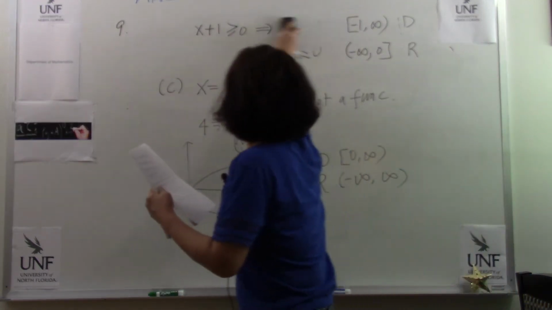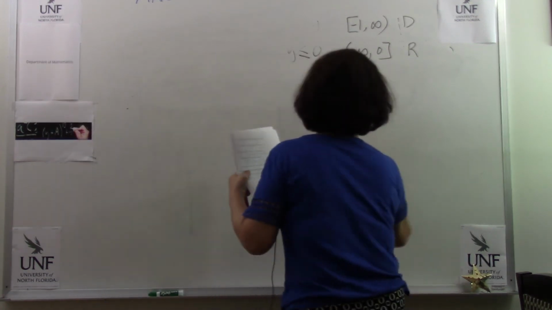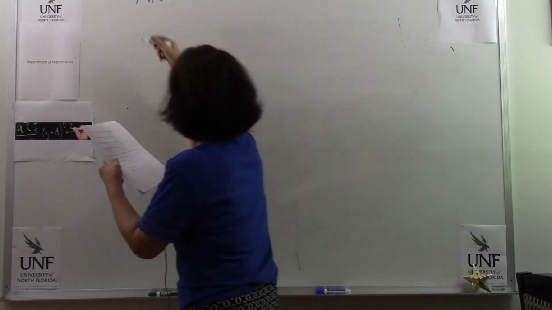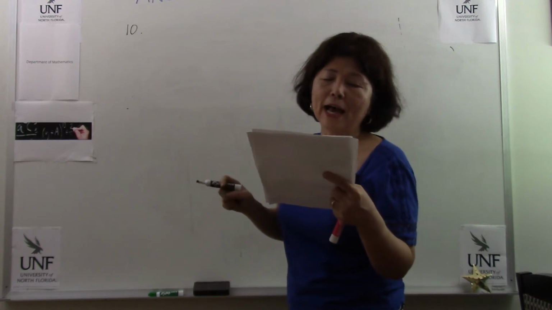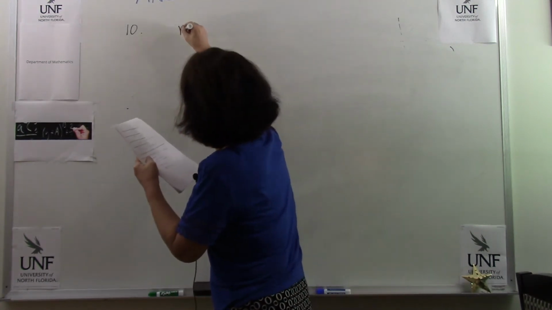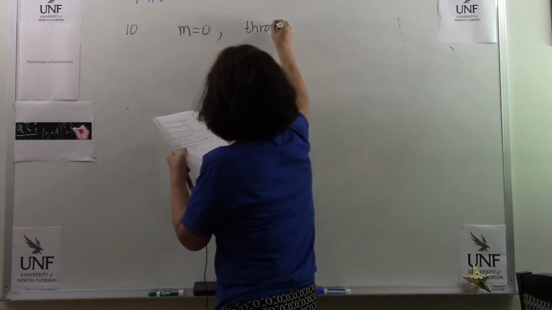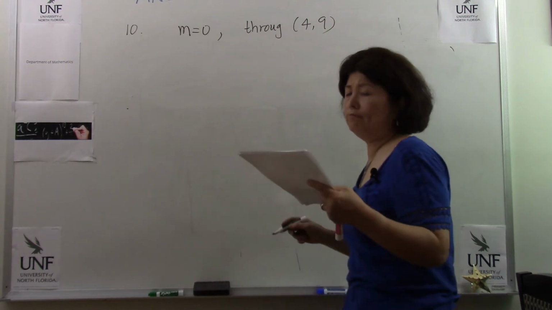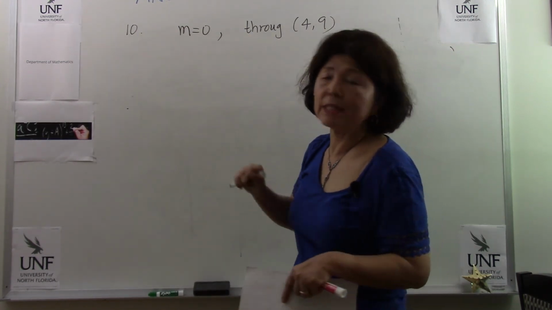Number 10. Find an equation of the line with the slope 0 and passing through 4, 9. Slope 0 means what kind of a line has a slope 0?